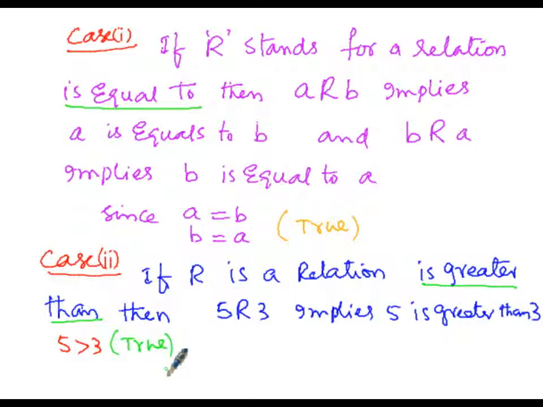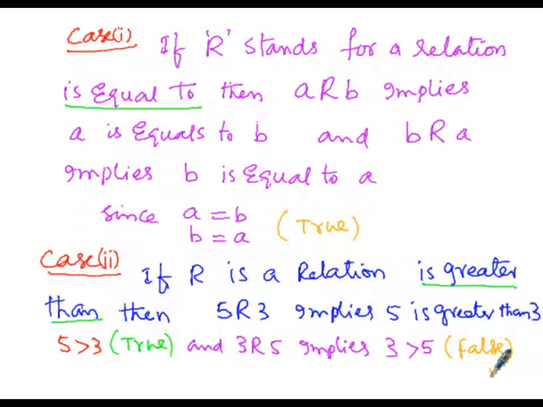Then now, instead of 5 R 3, if I write 3 R 5, it implies 3 greater than 5, since R is the relation greater than, but the condition is false. Since 3 is less than 5, 3 greater than 5 is a false statement.